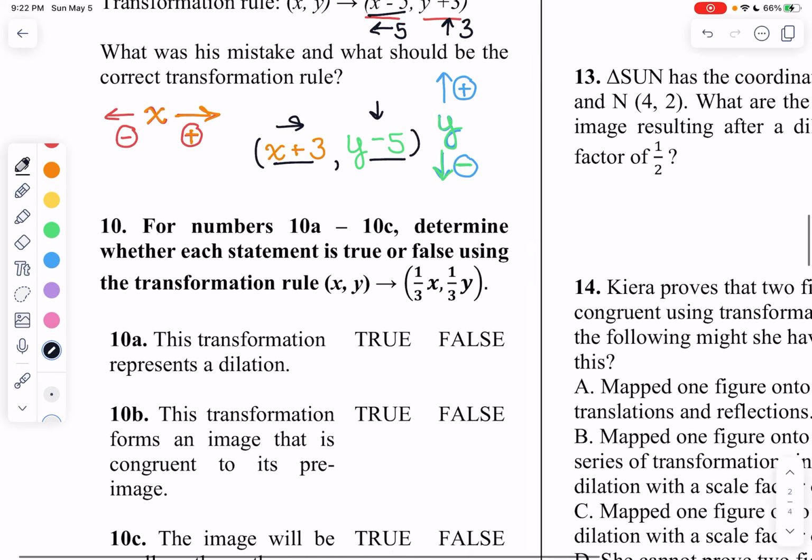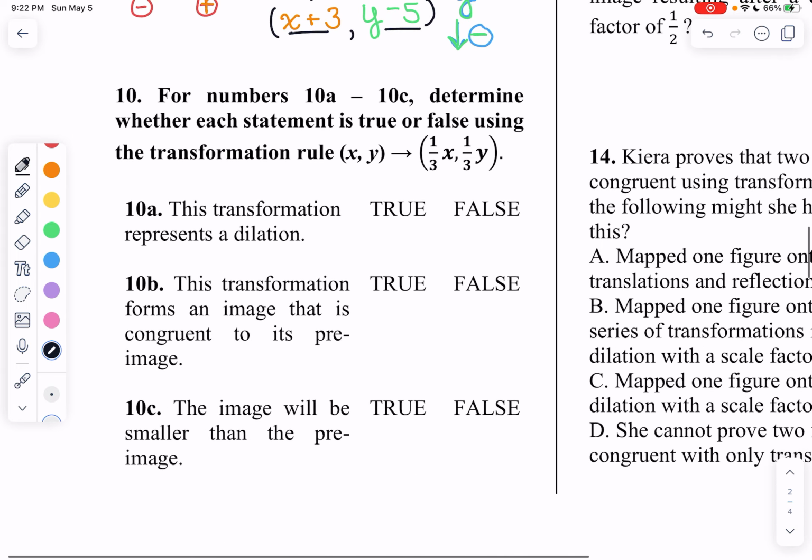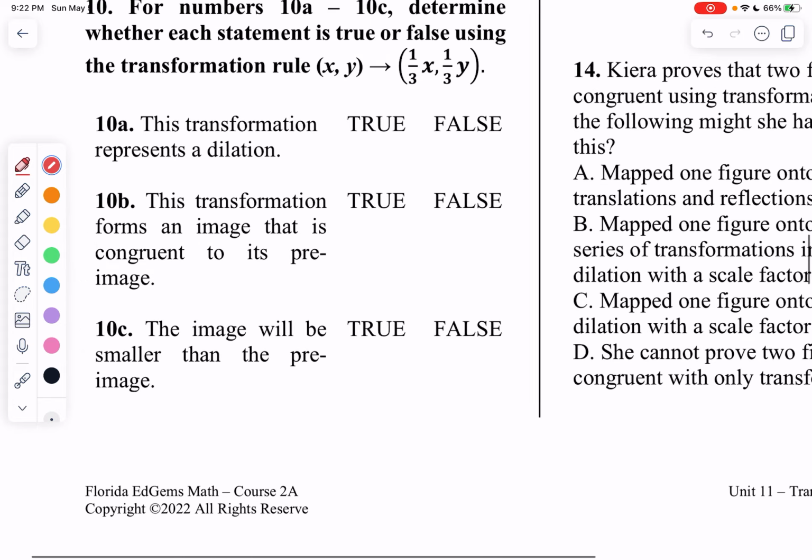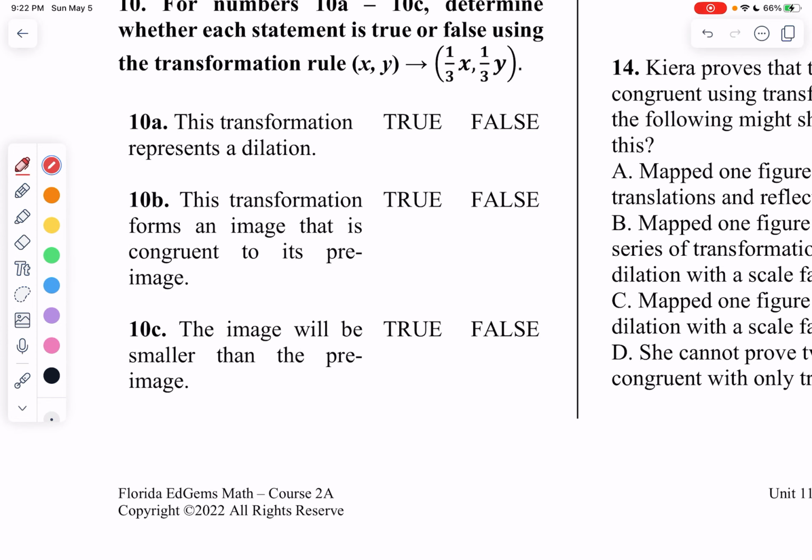Number 10 says, for numbers 10a through 10c, determine whether each statement is true or false using the transformation rule (x, y) to (1/3 x, 1/3 y). All right, fractions, they scare people away, but they're really just ways for us to either multiply or divide. Here, I'm looking at 1/3 side by side with both x and y.